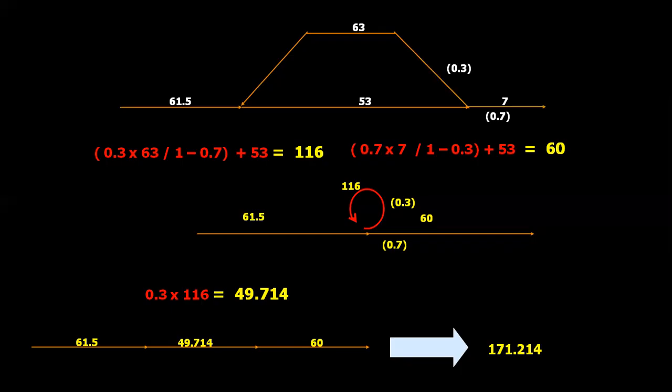So maximum number of loops we got is 32,768, and minimum loop count we got as 2, and the average loop count we got as 171.214. So here we used ordinary algebra formulas, wherein we calculated these values.